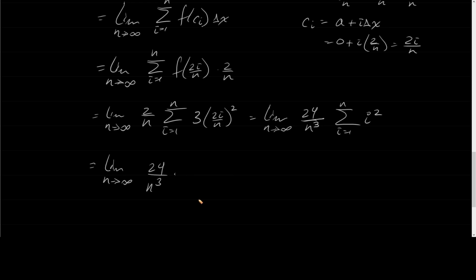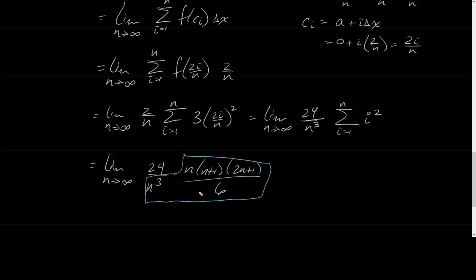The formula for i squared is n times n plus 1 times 2n plus 1. There we go. Way better. Over 6. Now, since n is going to infinity, we know from previous sections that this entire thing just goes to 1/3. So what we really have here is 24 times 1/3. 24 times 1/3 is 8. So there you go. That's what we get there.